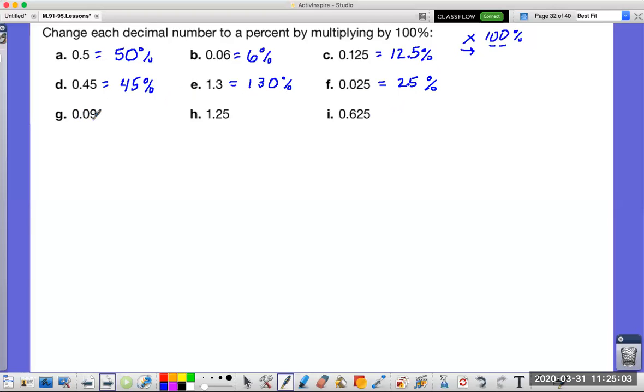This one, move the decimal 2 places to the right. 9 hundredths is 9%. Move the decimal 2 places to the right. 1 25 hundredths is the same as 125%. What is 625 thousandths? That'd be 62 5/10%. Getting the hang of this? All right, let's move on.